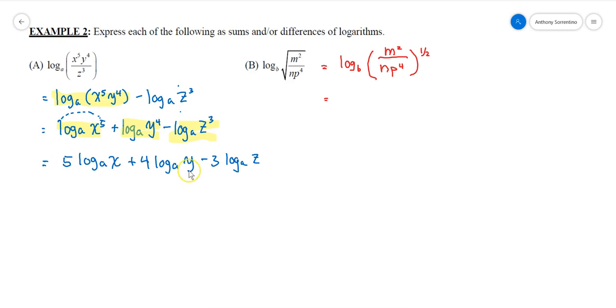And that means that each one of these exponents, knowing that there's a 1 here for the n, is going to get multiplied by a half. So I'm going to have the log base b of m to the 1/2 power, or take that back to the first power, so I really don't need to have anything there. I was saying m, but thinking n. The n's going to be to the 1/2 power, and of course p is just going to be p squared.